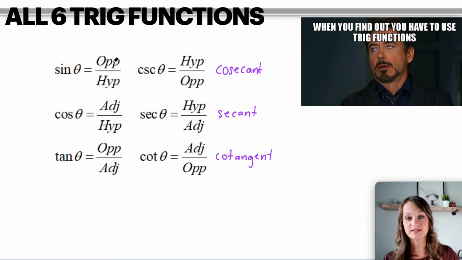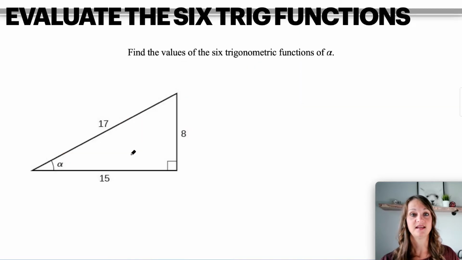If sine equals the opposite over the hypotenuse of a triangle, then cosecant equals the hypotenuse divided by the opposite. Cosine and secant are reciprocals of each other, and tangent and cotangent are, again, reciprocals of each other. So when we discuss 6 trig functions, we are talking about sine, cosine, and tangent, and then their reciprocals.